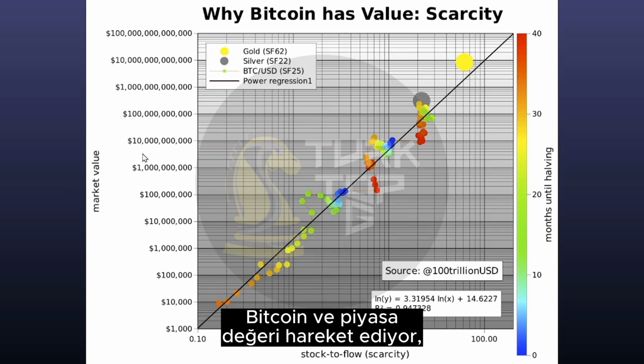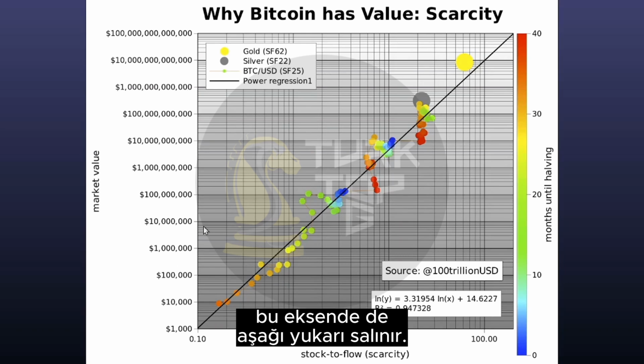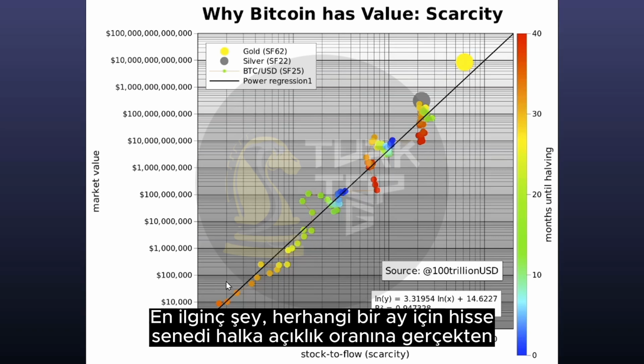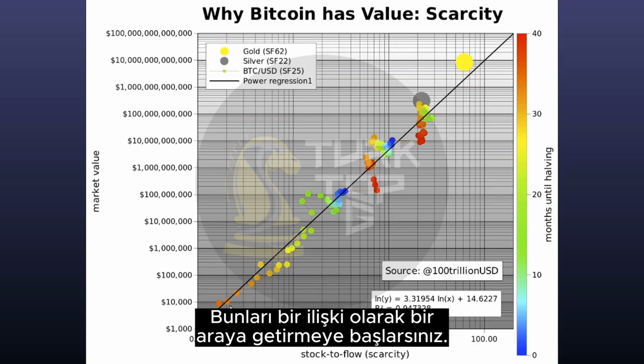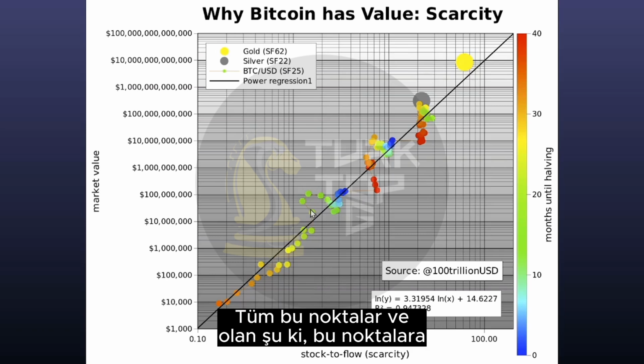As the price of Bitcoin and the market cap itself moves around, it will oscillate up and down on this axis as well. The most interesting thing is when you actually look at the stock to flow ratio for any one particular month, and you look at the market value for any particular month, and you start to plot those together as a relationship. All these dots.